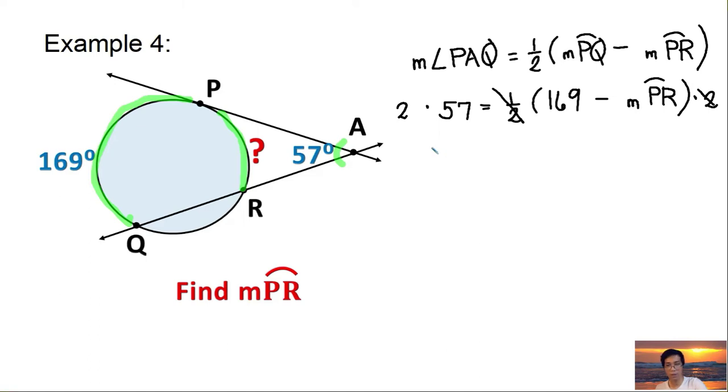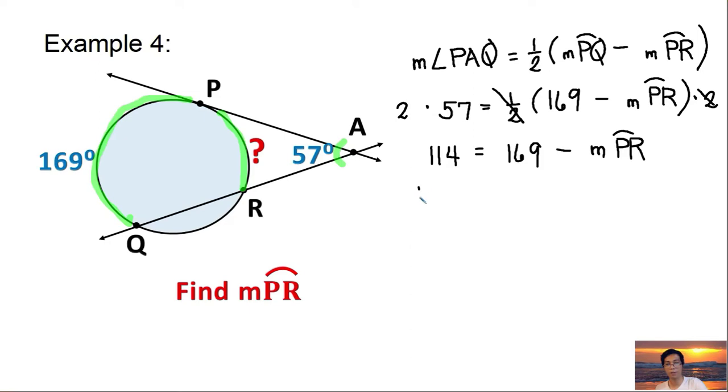So, this becomes 114 is equal to 169 minus the measure of arc PR. Ayan.